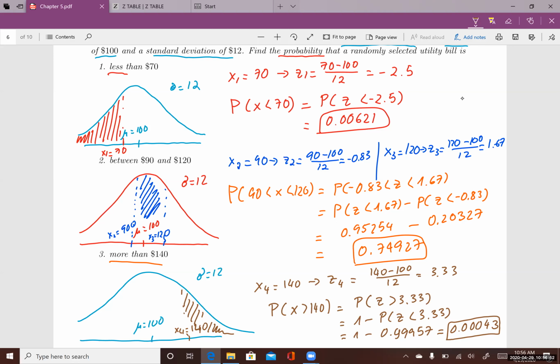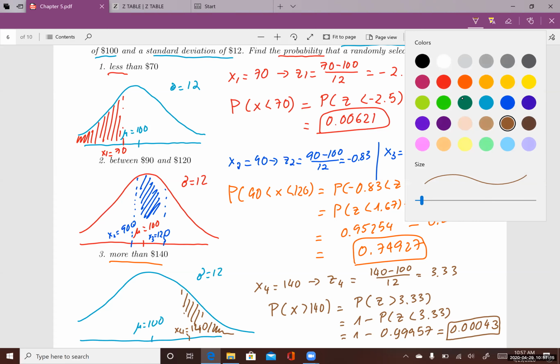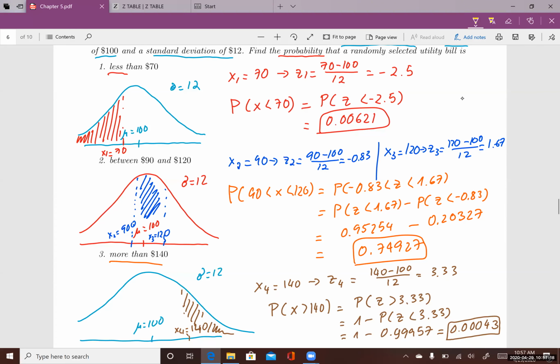All right. So using normal distributions and the z-tables, you can find the probabilities that correspond to certain values that you're looking at when you try to analyze the data. One more thing that I want to emphasize is the way that you find the probability to the right of a value. So let's look at this last example here. In order to find the probability to the right of this value, I used 1 minus the probability to the left of the z value.